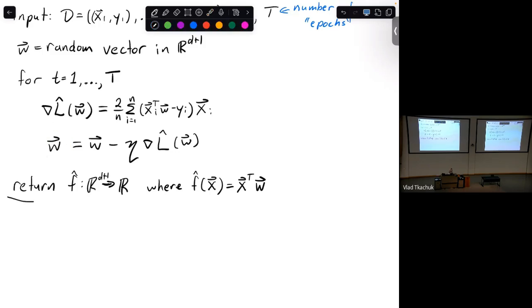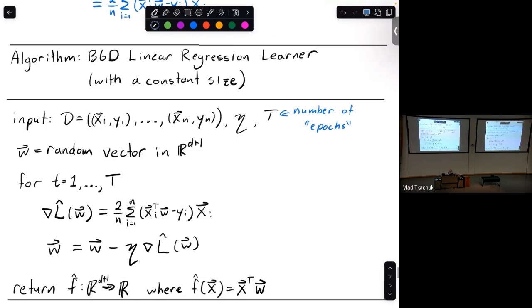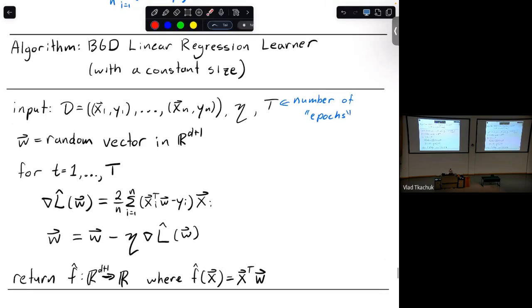And that is the most vanilla form of what quite literally a lot of the state-of-the-art is based on. The things that change are that your step size setting is more complicated, and the initialization is more complicated.